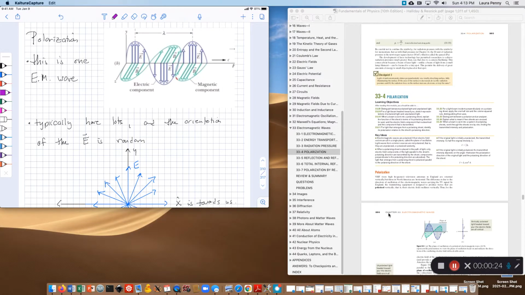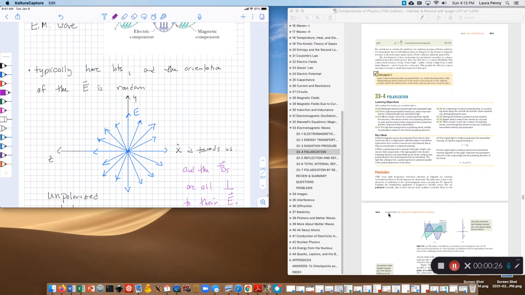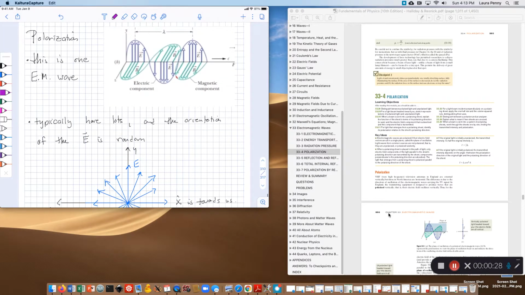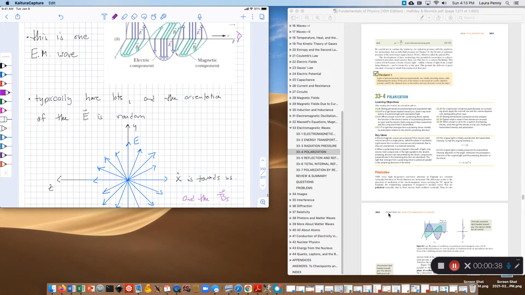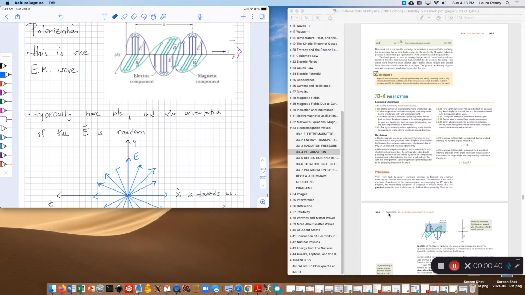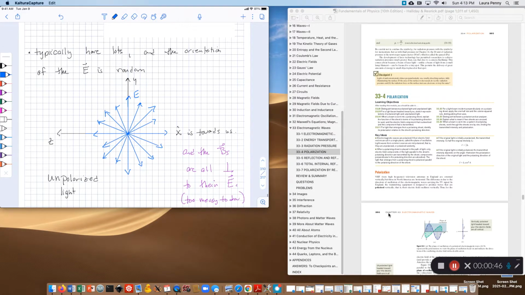And so if I was looking from over here and the waves are coming towards me, not only am I going to see the wave that we're talking about here, where my electric field is basically moving up and down like this, which is this one that's moving straight up and down the y-axis.